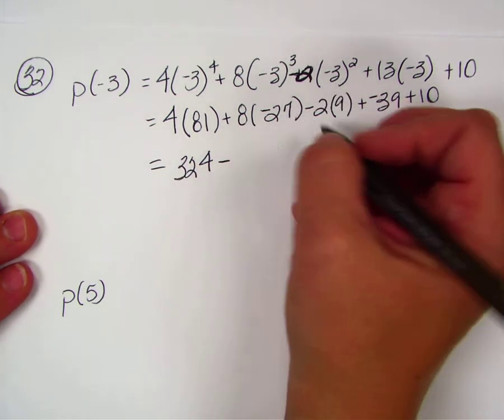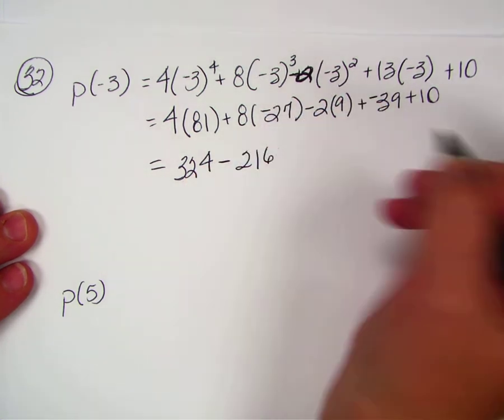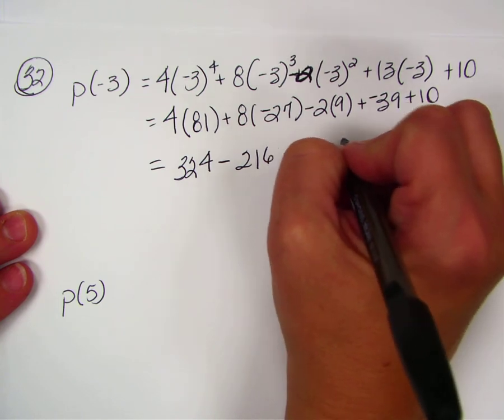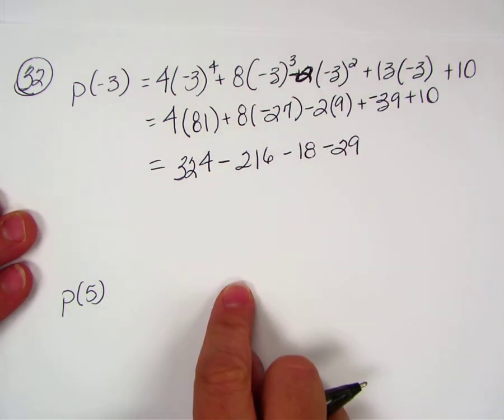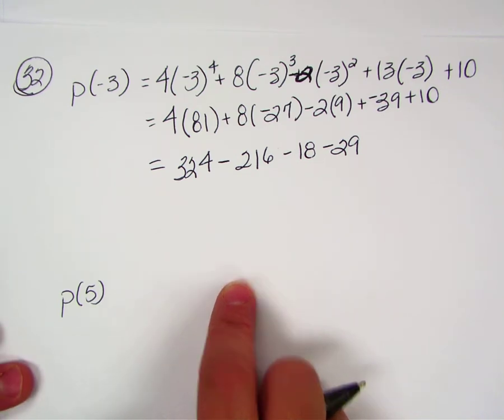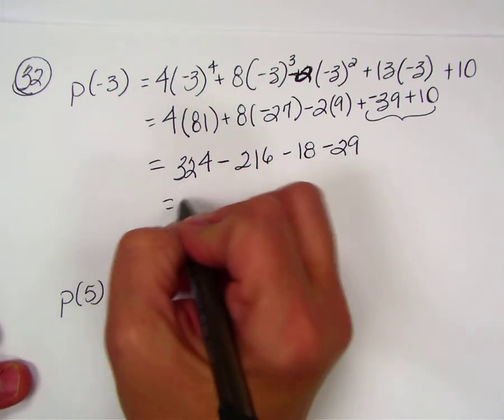Negative 8 times negative 27 is 216. Minus 18. Minus 29. Everybody okay with that? Where'd you get 29 from? Negative 39 plus 10. Okay, so that's 61.